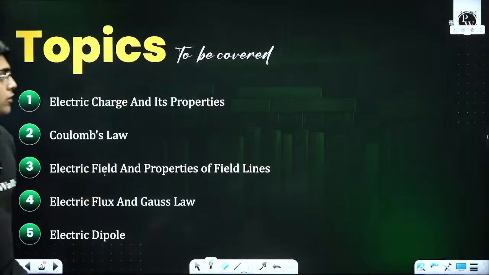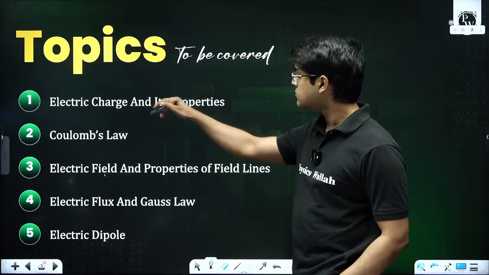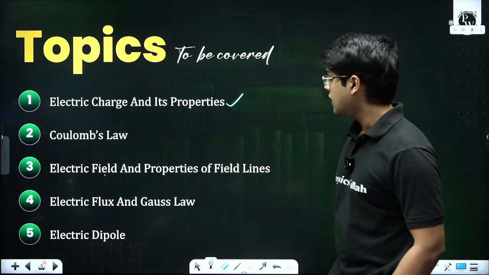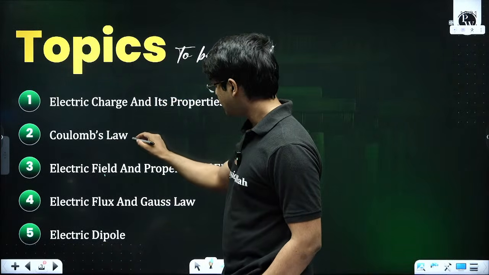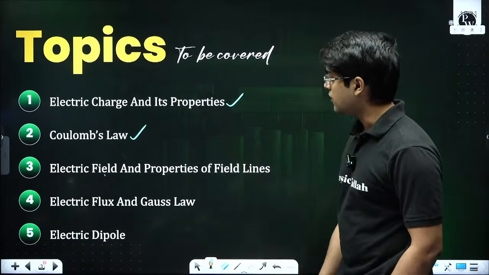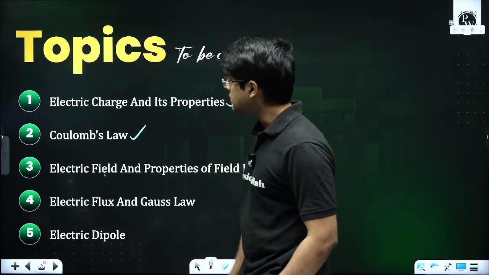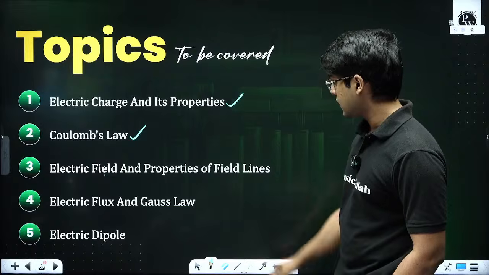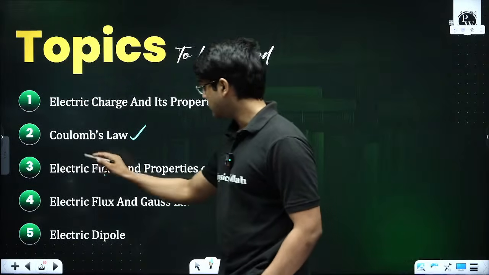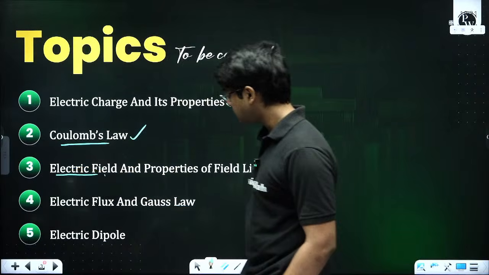So in today's one shot we will try to cover everything. We start from the charge and its properties. Then we will talk about Coulomb's law, including when the charges are inserted in a dielectric medium. Then we will move on to field. Once we are done talking about force, we will talk about electric field.